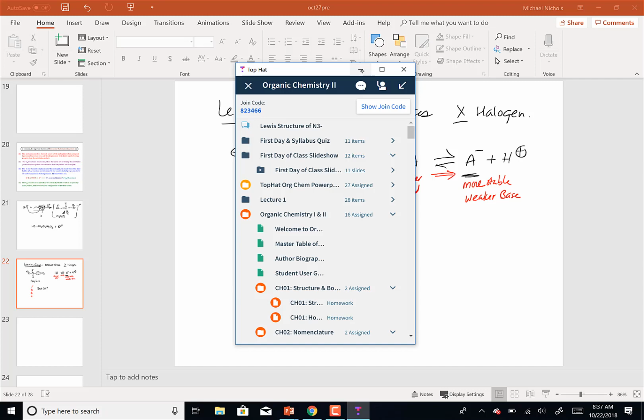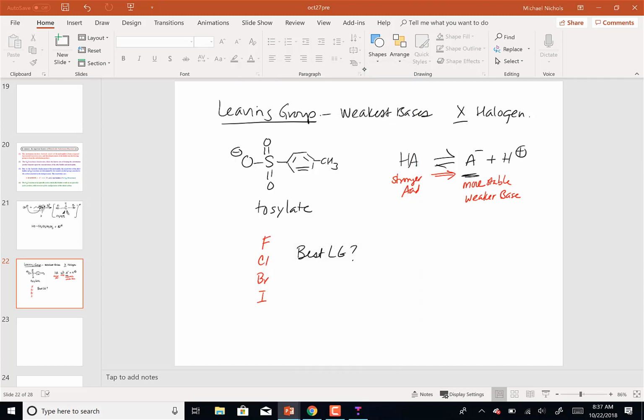So, okay. Best leaving group is going to be the what? Weakest base. So which one of these is the weakest base? It's either F minus or I minus. Okay, you don't like that question? HF or HI, which one is the strongest acid?